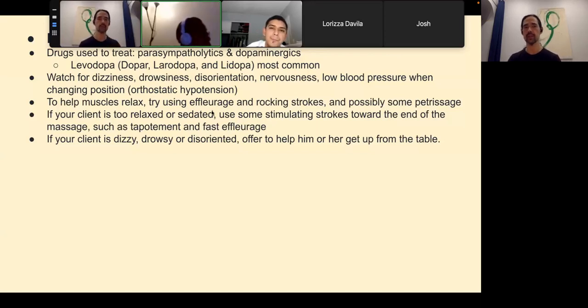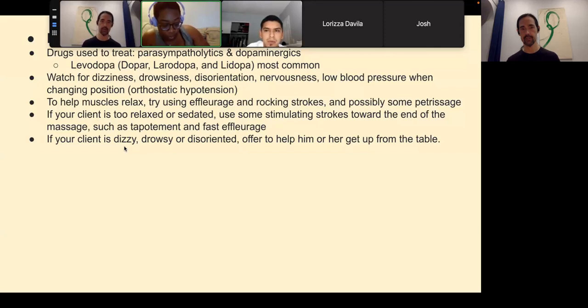To help muscles relax, try using effleurage and rocking strokes, possibly petrissage. If the client is too relaxed or sedated, use stimulating strokes towards the end of the massage, like tapotement or fast effleurage. If your client is dizzy, drowsy, or disoriented, offer to help him or her get up from the table. Right? Very important to watch like that.